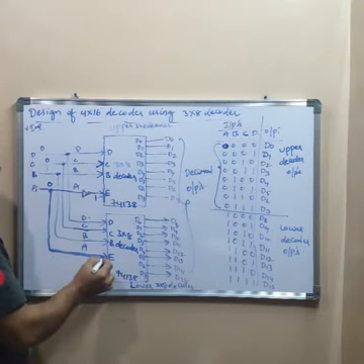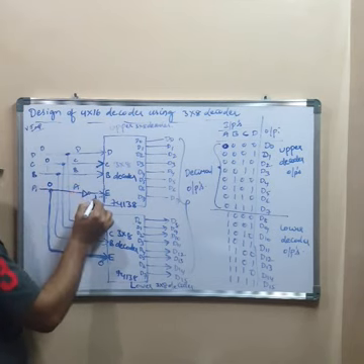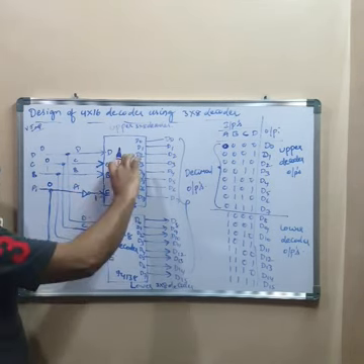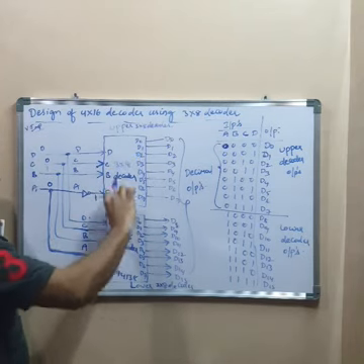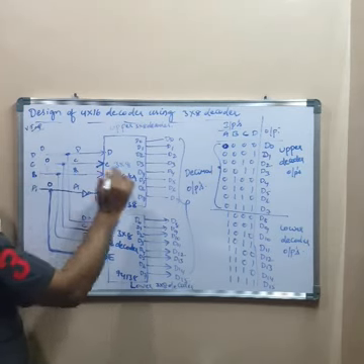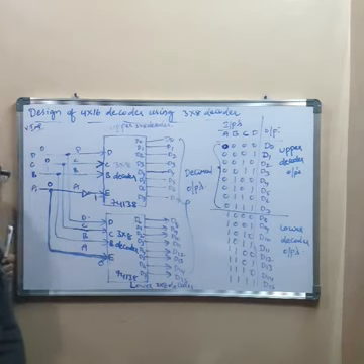This enable input is deactivated. This enable input is activated because it is passed to the inverter. So this will become 1. As this is active high input, this decoder is enabled, this decoder is disabled. If this decoder is enabled, based on the combination of these three inputs, 1, 0, 0, D4 is activated at the output. So you will get D4 at the output.